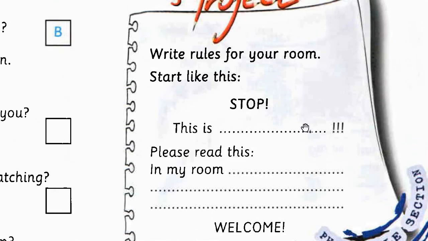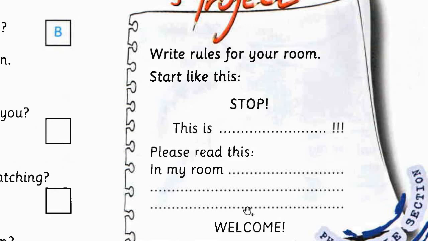Okay, write your sentences about your room with can or can't. You can play the piano, but you can't eat or drink. You can watch CDs, but you can't take the CDs.